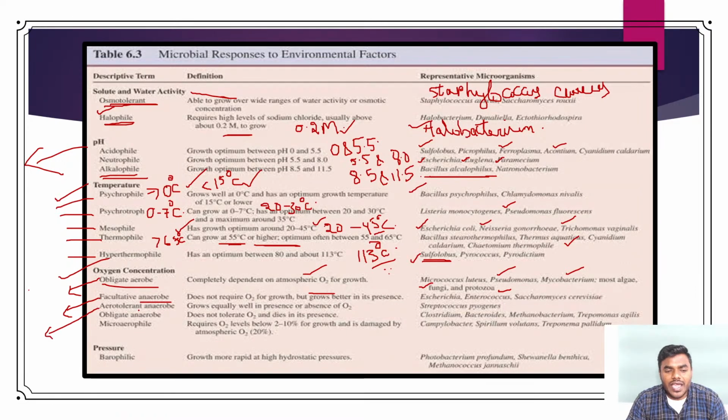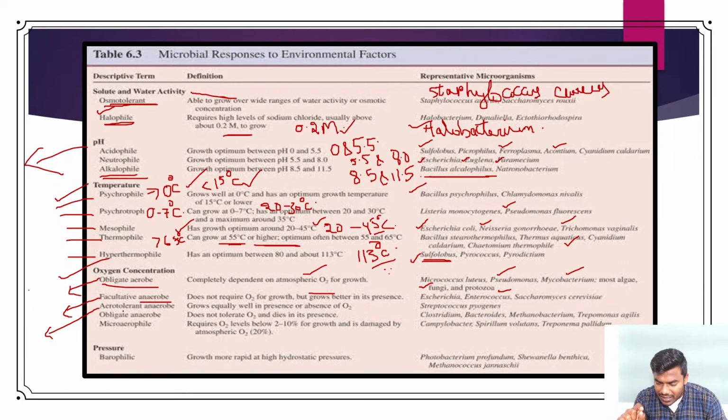Next one, aerotolerant anaerobe. See, I am using the word, friends, aerotolerant. What do you mean by the word tolerant here? I am using the word tolerant because the growth is equal. Friends, there is a great difference between the facultative and aerotolerant. Most of the students are getting confused between that.